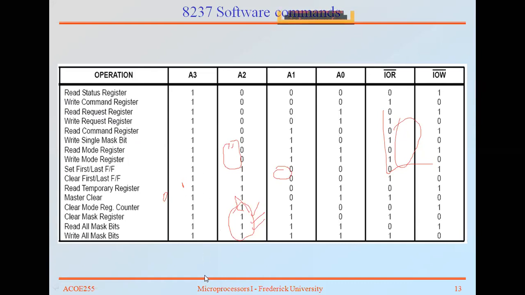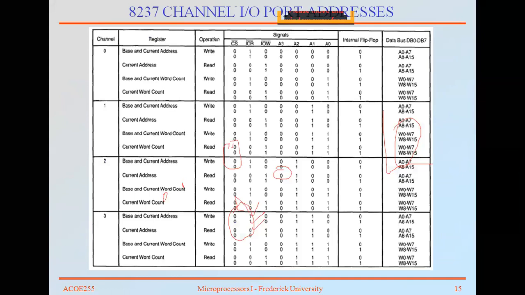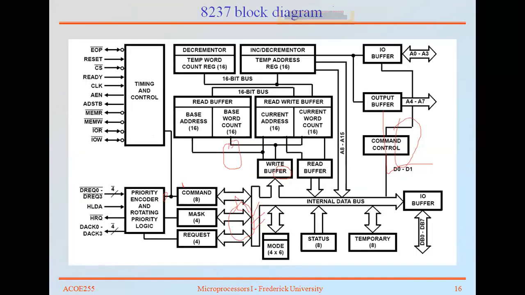Just when we develop a decoder circuit for that 8237, then we get these command words very easily, the entire table. This is the mapping for channel 0, channel 1, channel 2, channel 3.